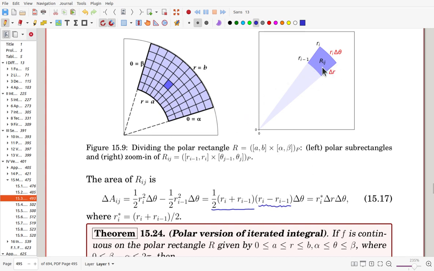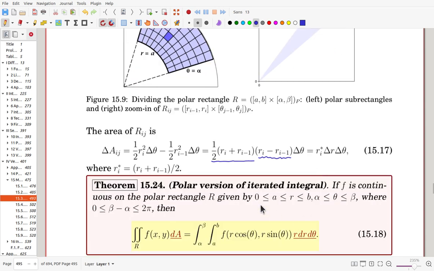So the area of this sub-region can be gotten with this formula, Ri star times delta R and delta theta. Okay.